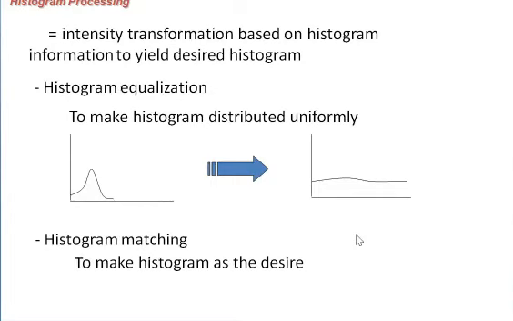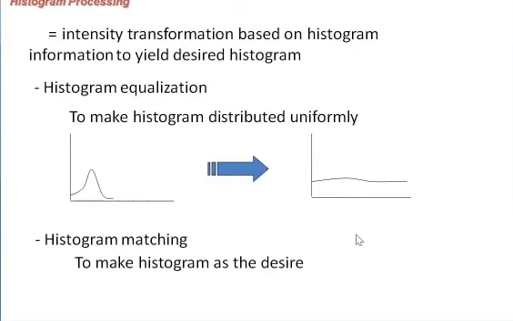So observe these two variations: histogram equalization and histogram matching. Both are used to enhance the image or to get a uniform distribution of the histogram. But in one method we use a fixed formula, and in the other method we give our own desired formula.